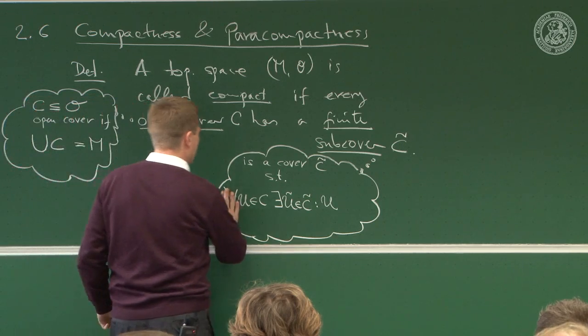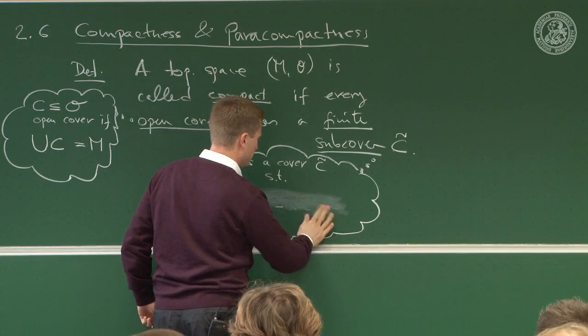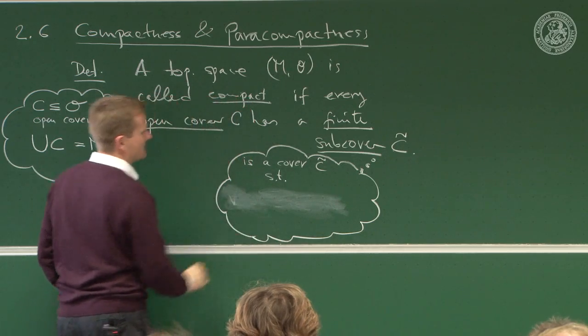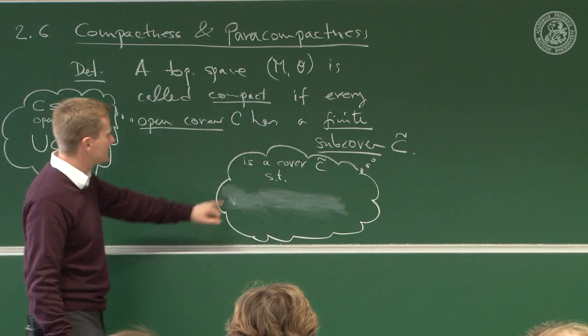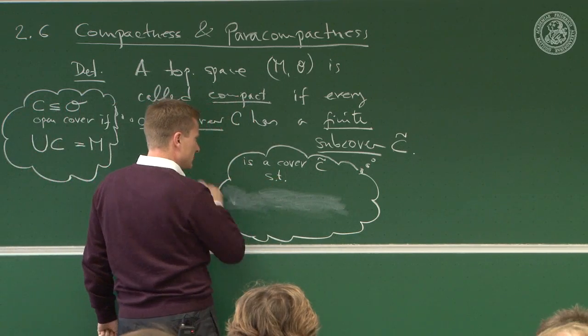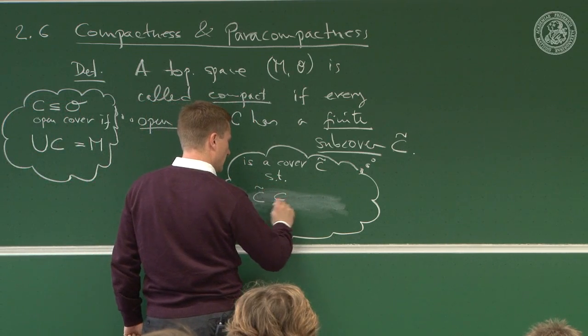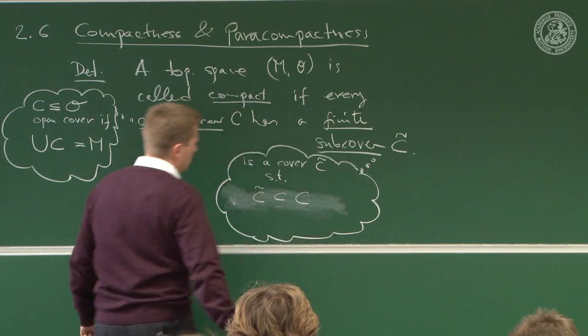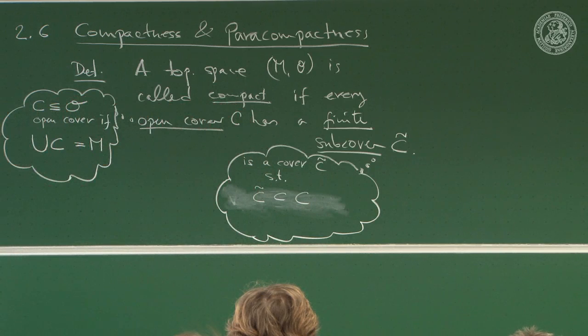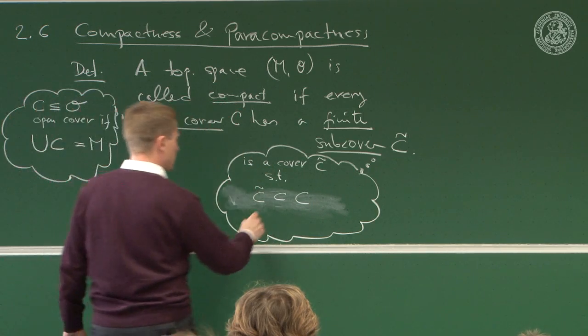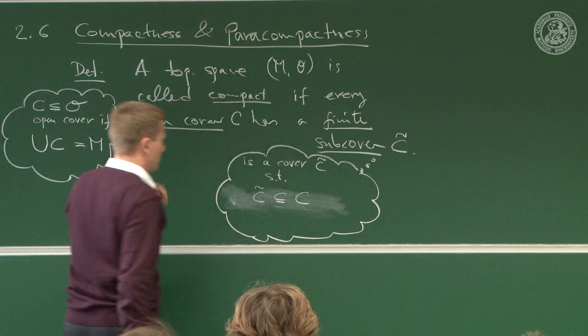Yes, it's a subset of the cover. So I already wanted to write down something weaker, which is coming in a second: a cover such that C twiddle lies in C. And it could be C already.